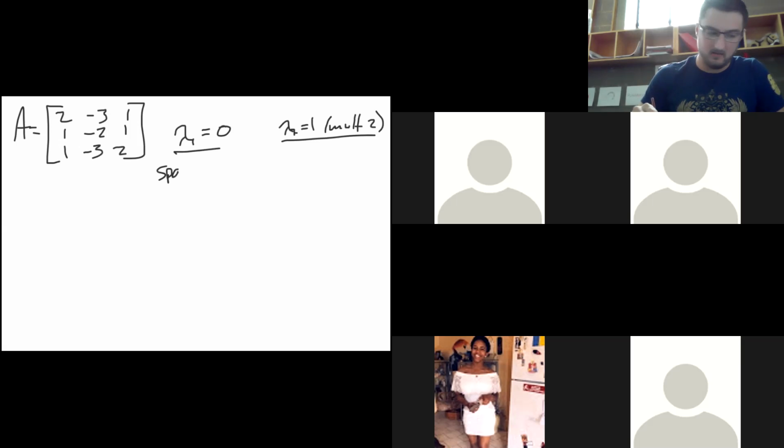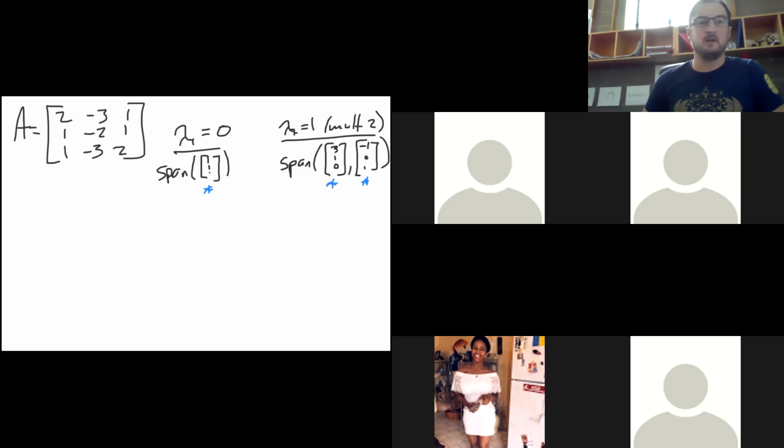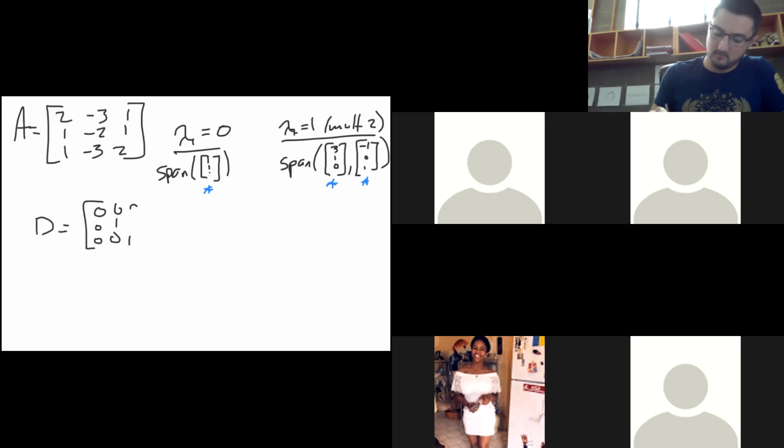It's everything in the span of the vector 1, 1, 1. For lambda being equal to 1, all of its eigenvectors are in the span of 3, 1, 0 and -1, 0, 1. Then these 3 vectors would be what I use to construct my P. So my D would be 0, 1, 1. And my P would be 1, 1, 1, 3, 1, 0, -1, 0, 1.